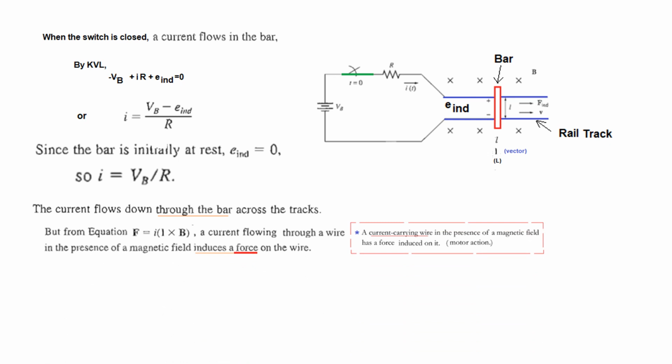And we have a vector relation between force, the length of the bar vector, and the flux vector, which is given by this formula: F is equal to I into L into B.